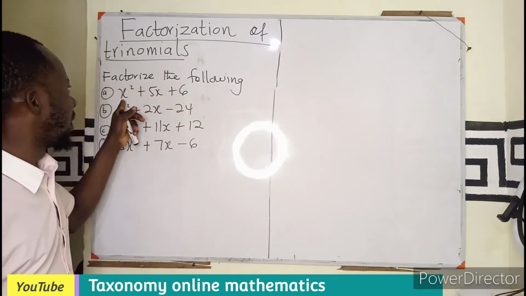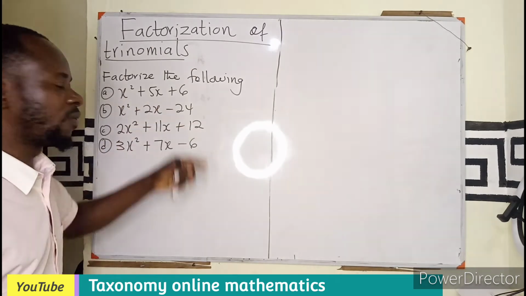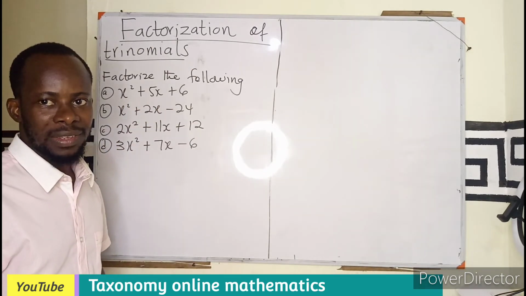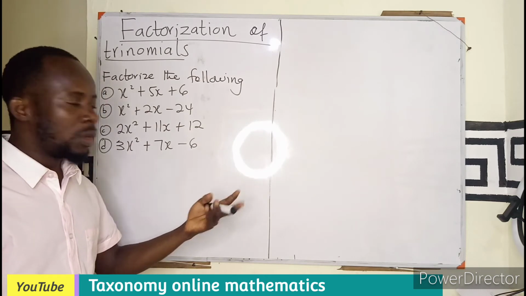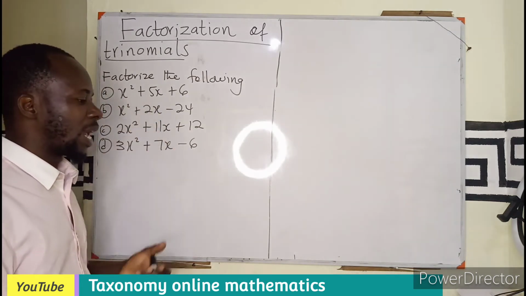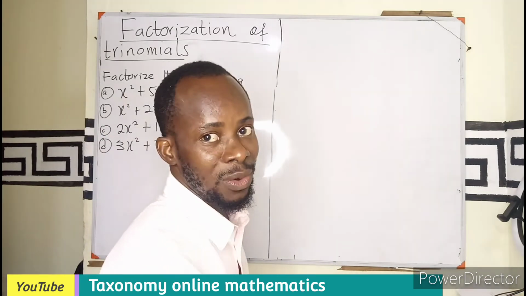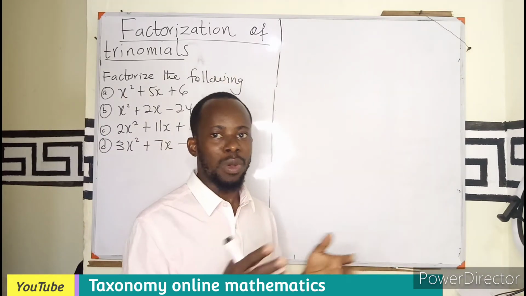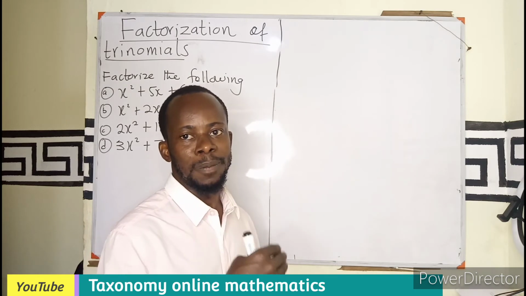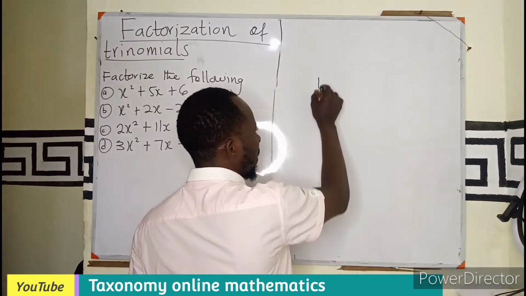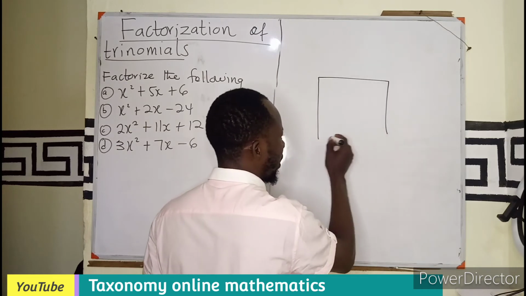as we are having x squared plus 5x plus 6, we can attest that it is in the form where a is equal to 1. So we can factorize that. Now, there are so many methods. I know you've come across so many methods, but today I want to talk about the 2 by 2 grid. So when I have the question, I make a 2 by 2 grid.